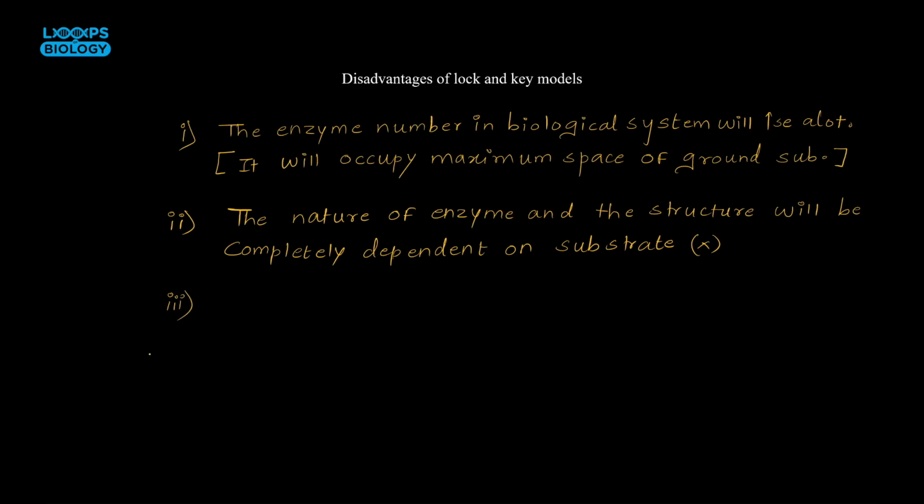Next case, if a new substrate has arrived, then there will not be any enzyme present inside the biological system. So that will be a problematic case, that our body has to get mutated and form this particular enzyme specifically for the substrate.